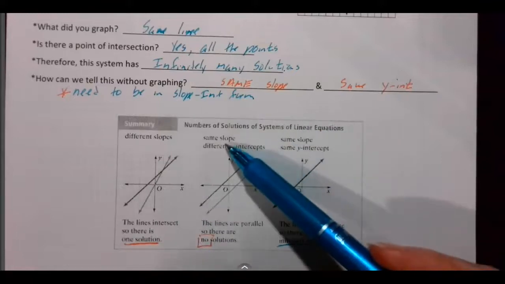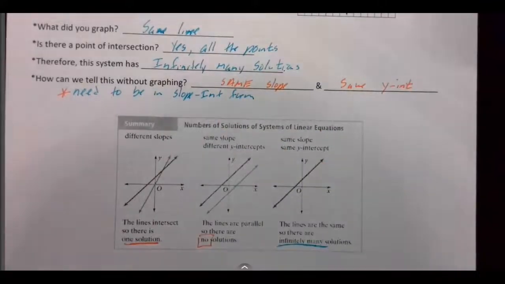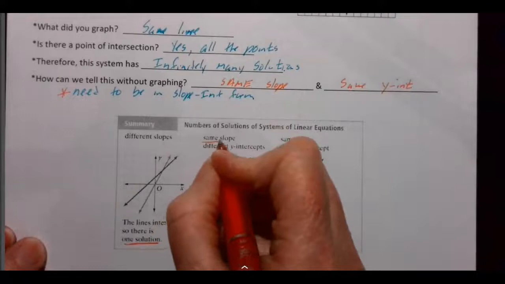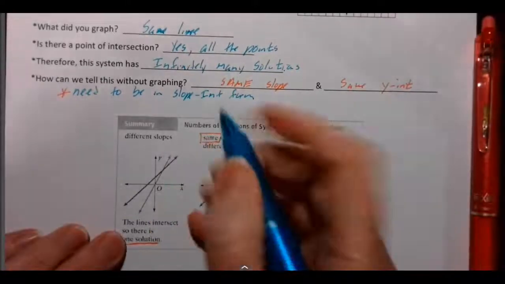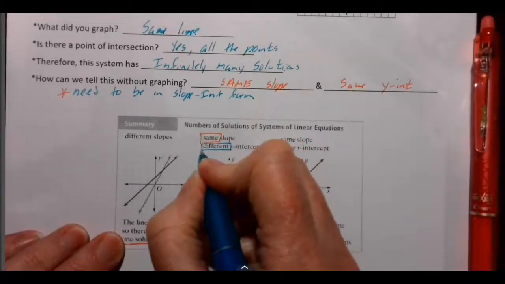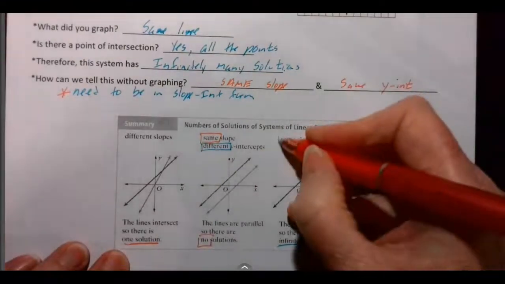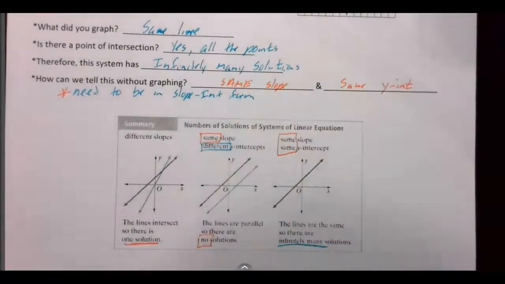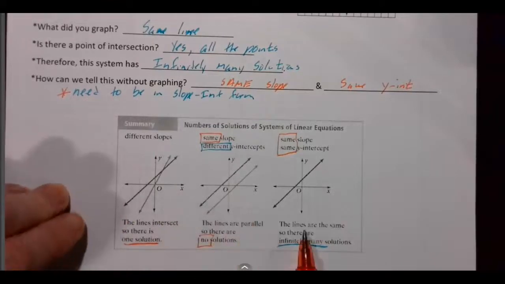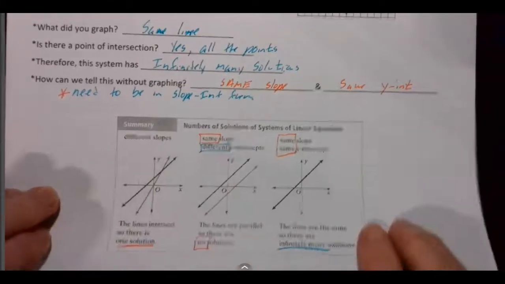Here they're going to have the same slope, but different y-intercepts. And here they have everything the same because they are the exact same line. So those are going to be your options: parallel, same line, and then they intersect just once.